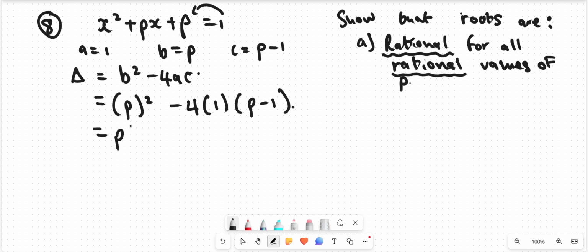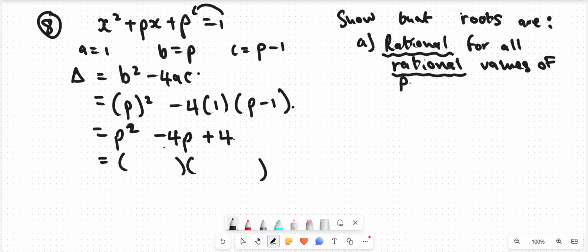I square this guy, I get a p squared. Negative 4 times the p is a negative 4p. Negative 4 times a negative 1 is a positive 4. So you end up with this guy. And what you need to do is to factorize this guy.